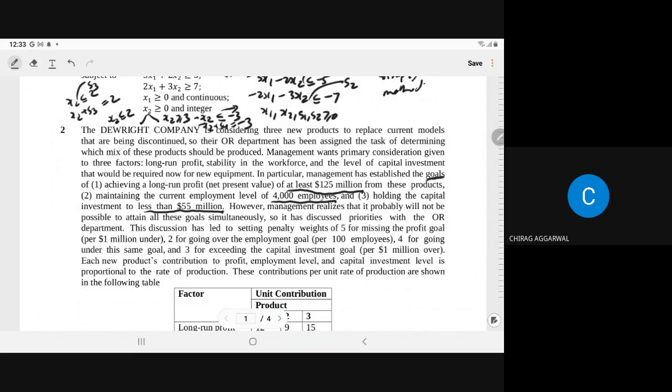However, management realizes that it probably will not be possible to attain all these goals simultaneously. So it has discussed the priority with the OR department.